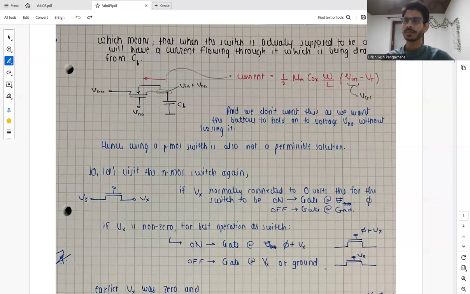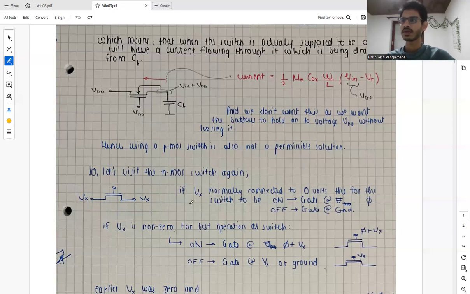So we said that if we try to make these two voltages equal using an NMOS switch, these voltages are either grounded or zero, or very close to ground or zero. So let's say the voltage is Vx.